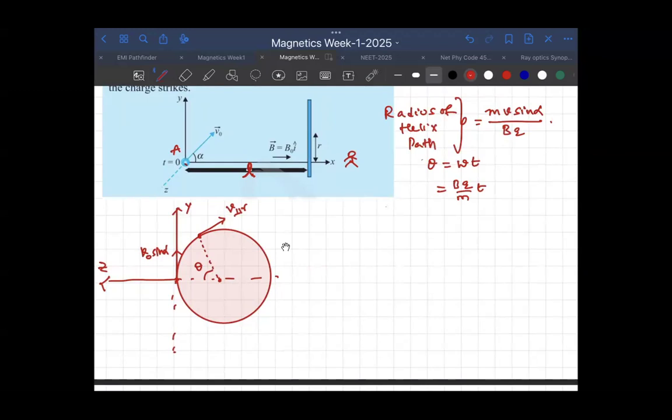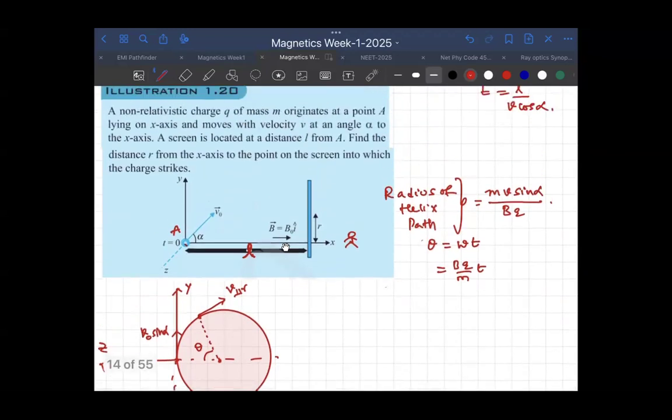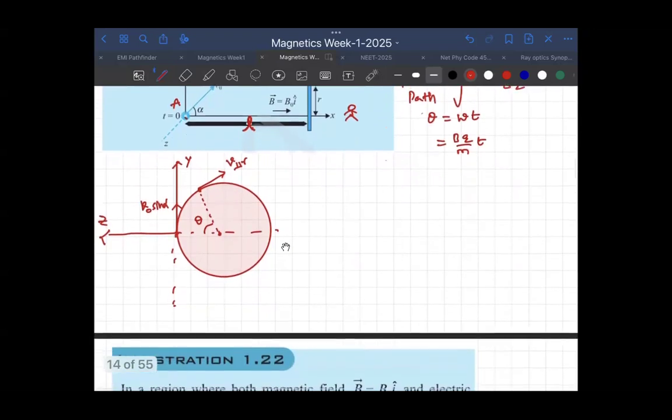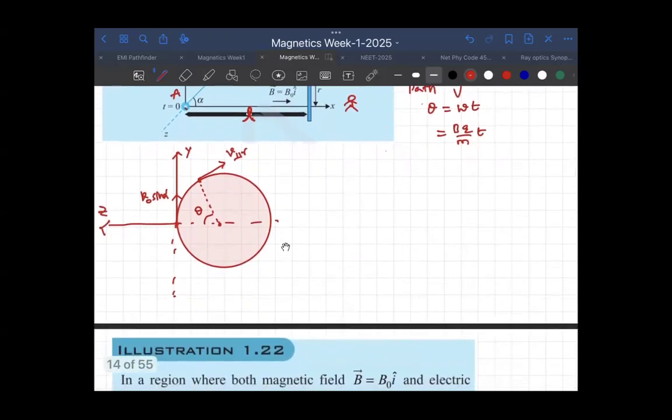Now the question is, you are asking me: a non-relativistic charge, point A, find the distance r from the x-axis to the point on the screen at which the particle strikes. So you need to see where exactly r is on the screen.